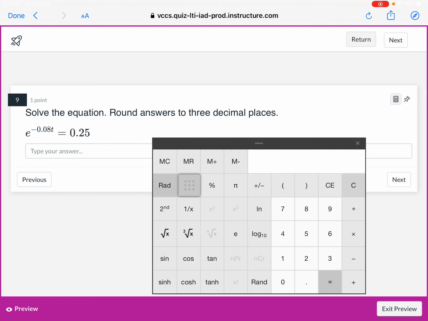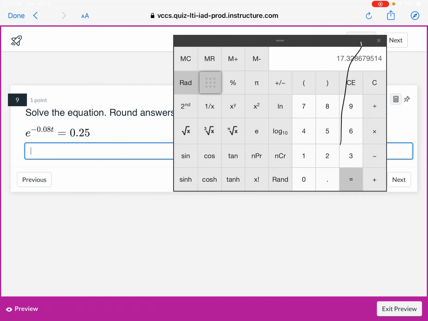I don't like this calculator so much then, guys. Maybe if I open a parenthesis. Let me try. Natural log of 0.25. Oh, yeah, it's working. And then I'm going to divide that by -0.08. Hope it works. Hit enter. 17.32.